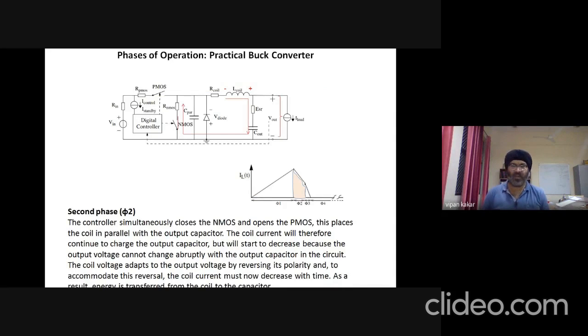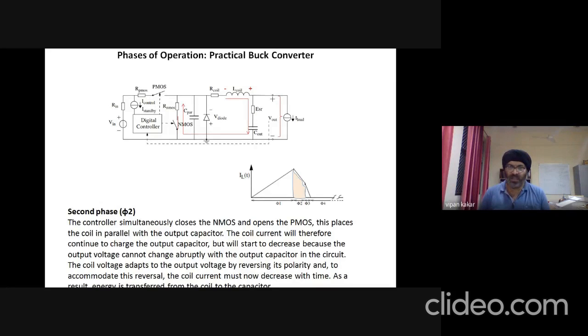One gets off, another gets on, and vice versa. So now NMOS is on, PMOS is off. Now this supply voltage, which is a DC voltage or a battery, gets disconnected from the rest of the circuit. So now we are left with this loop only.